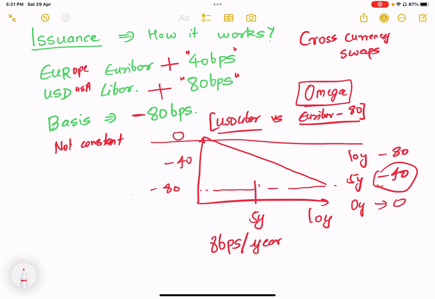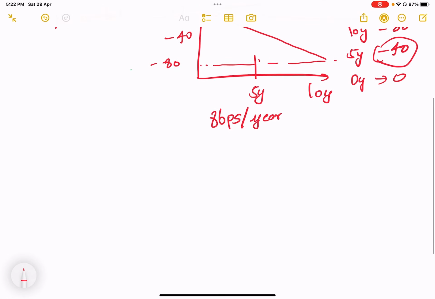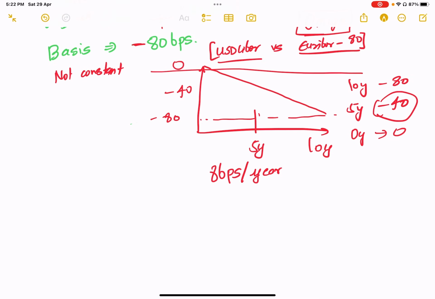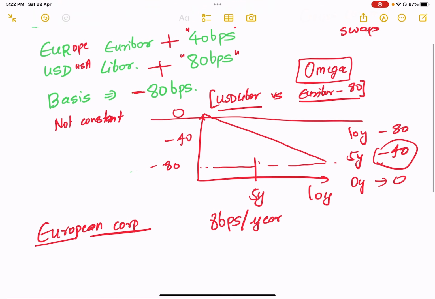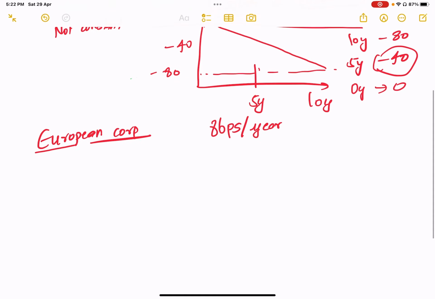It makes sense overall. Let's take the first example, that I am a European corporation and I need to issue money. If I do it in Europe, I will have to simply pay Euribor plus 40 pips.